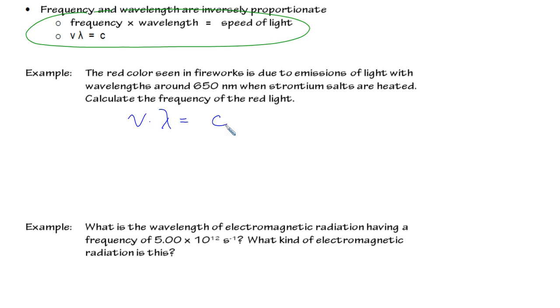Speed of light is 2.998 times 10 to the 8th meters per second. Here's how it's listed in the packet. Here's our problem. That's meters per second. This one's in nanometers. Tricky.